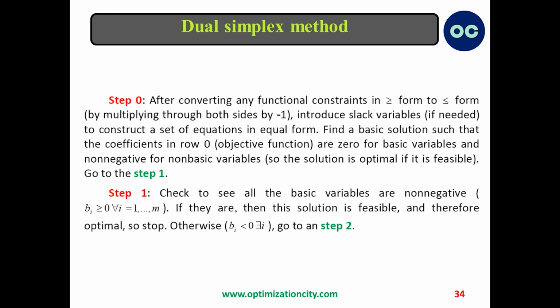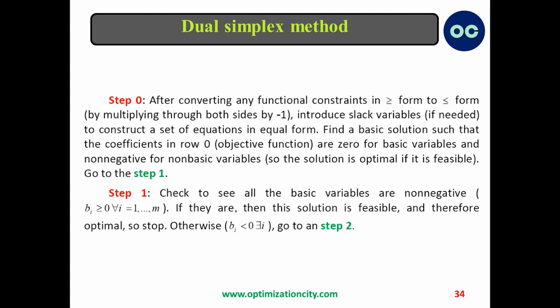In step 0, convert any constraint in the greater-than form to less-than form by multiplying both sides by -1, introducing the slack variable if necessary to create the equation in equality form. Find a basic solution where the coefficients in the objective function row are 0 for basic variables and non-negative for non-basic variables. This is the basic solution.